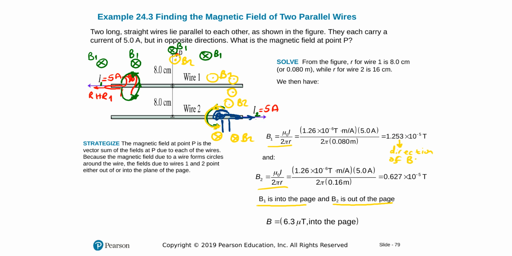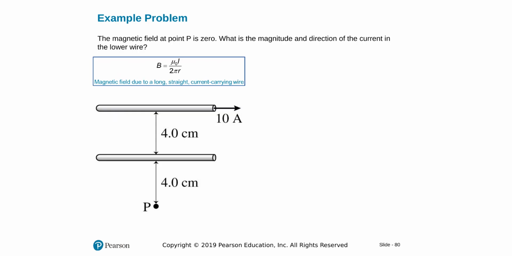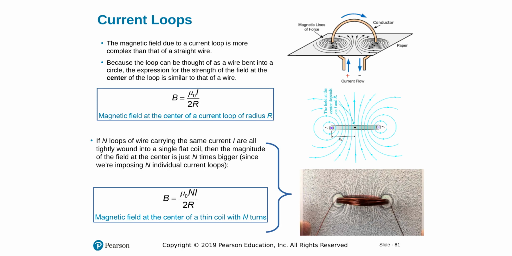Either you can call them plus minus, whichever you feel comfortable with, or in or out. Whichever magnetic field is larger will win in this case, and you'll find the total value. This example will be solved elsewhere with some more examples. So I'll move away from this. This is getting a long lecture already.